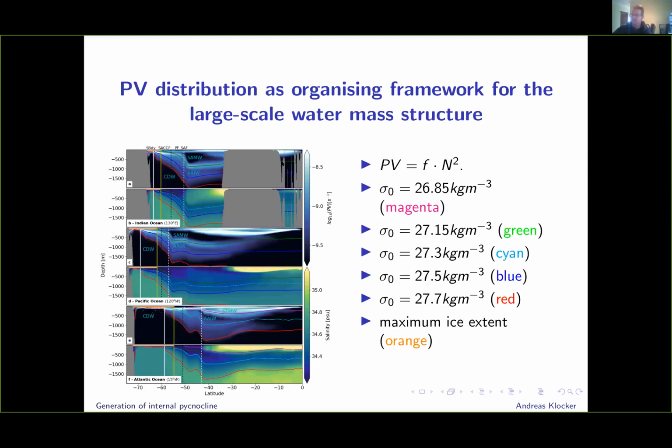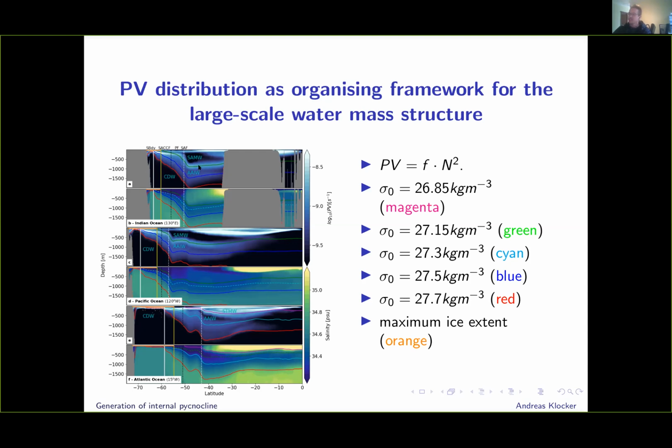But now I show some examples of meridional sections of the three main ocean basins of PV and salinity. First, all those bluish, whitish panels, the first one, the third one, the fifth one, are potential vorticity, which is here written as the Coriolis parameter times stratification. If you don't like thinking in vorticity terms, every time I say high vorticity, just think high stratification.